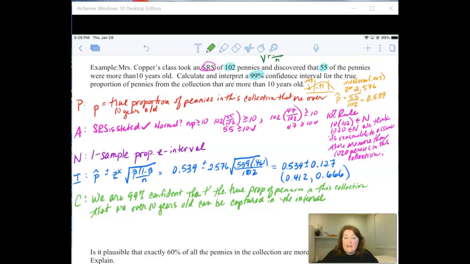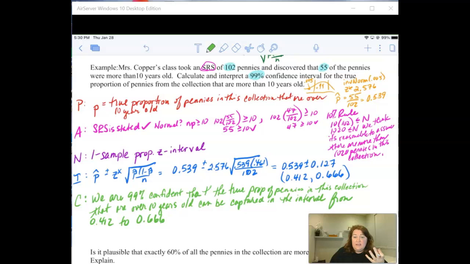And then you're going to write it out for them, the low and the high of the interval, in the interval from 0.412 to 0.666. All right, so our conclusion statement in context has got to say that that confidence level should capture the real proportion. We're 99% sure that it will capture the true proportion.